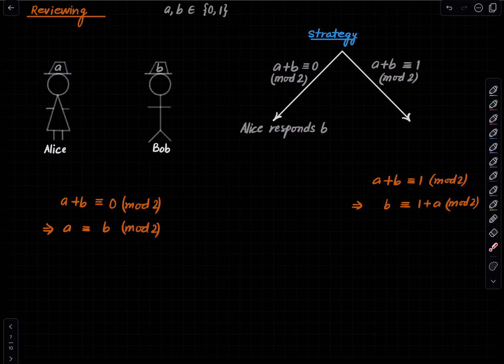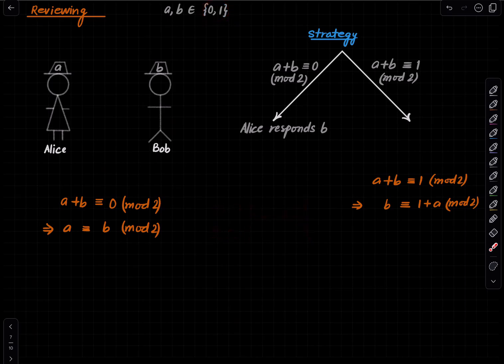1 plus A modulo 2 is precisely flipping the thing. If A is equal to 0, what is 1 plus A? 1 plus A modulo 2 is 1. So you have flipped it. If A is equal to 1, what is 1 plus A? 1 plus A is 2. But 2 modulo 2 is 0. If you are to remain in the set of the colors, modulo 2 you will be answering 0, because 2 is not a color. Only 0 and 1 are colors. Modulo 2, your answer is 0.